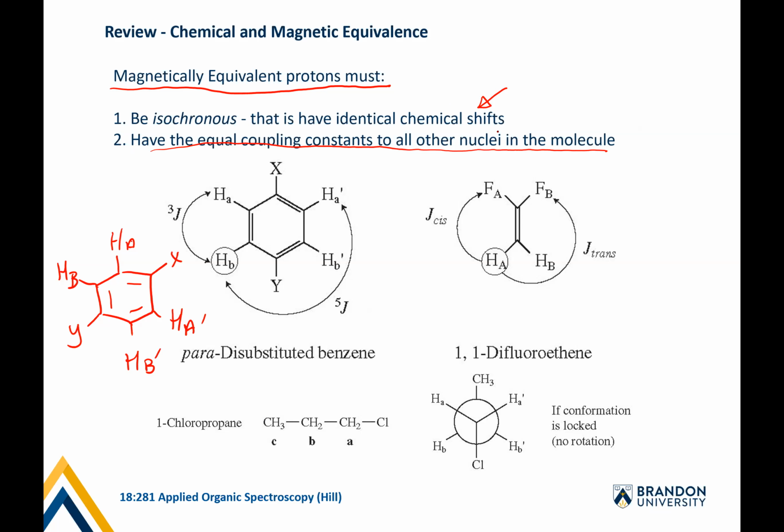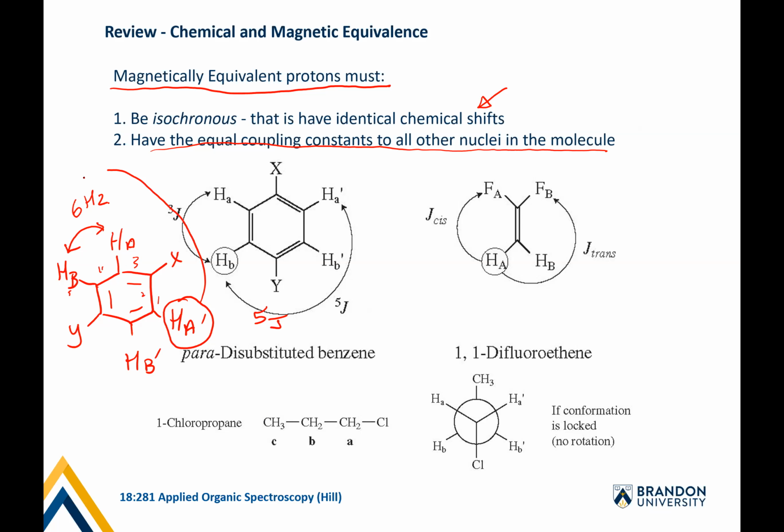So the coupling constant between HA and HB, this might be 6 Hertz. HA prime, though, can undergo long-range coupling, 1, 2, 3, 4, 5, so a J5.